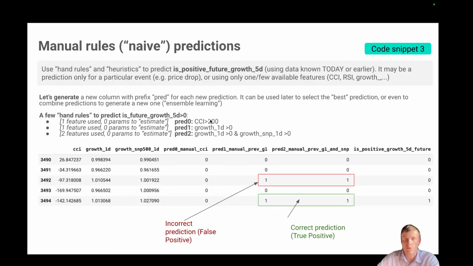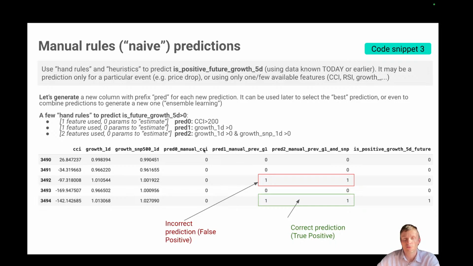So it's all CCI more than 200 or growth more than 0. But maybe CCI should be more than 300 and growth should be more than 0.5. That's what I call parameters, and that's what you may need to study to improve your prediction rule.